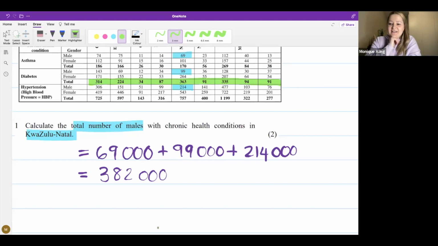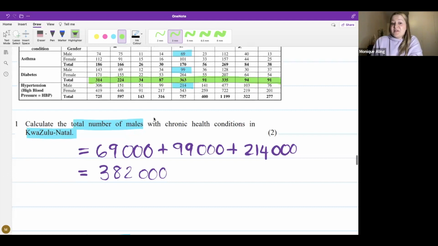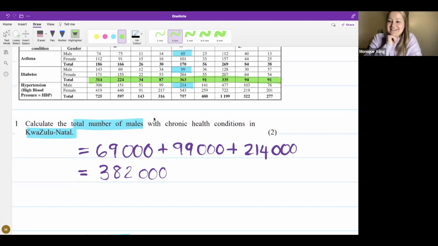Lawandle, hi. Hi, ma'am. We work out the range by minusing the largest number with the smallest number. Good. And have you determined which one's the highest and which one's the lowest yet? Not yet, ma'am. Okay, perfect. But that's exactly how you'd work it out.